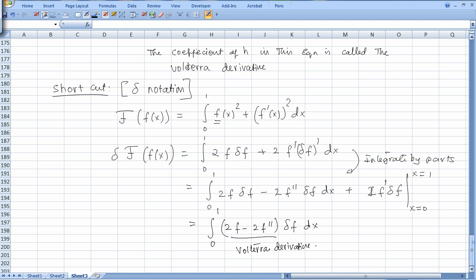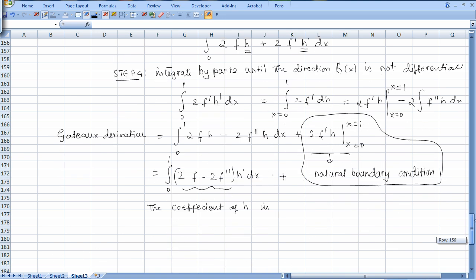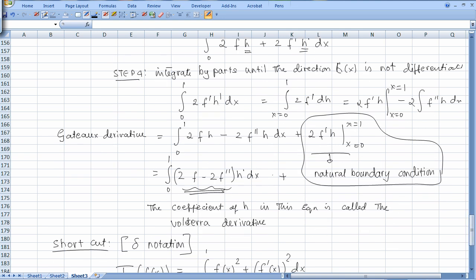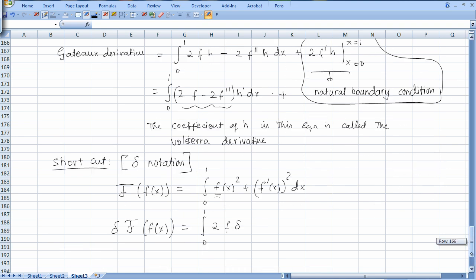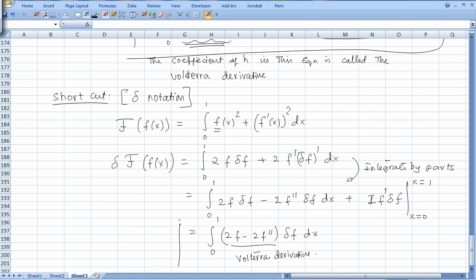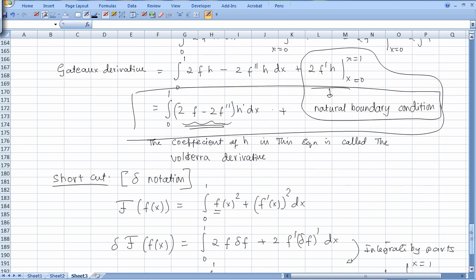I want you to understand, look, I got exactly the same answer. If you compare this with this, plus all this stuff, I want you to see I'm getting exactly the same thing. 2f minus 2f double prime.